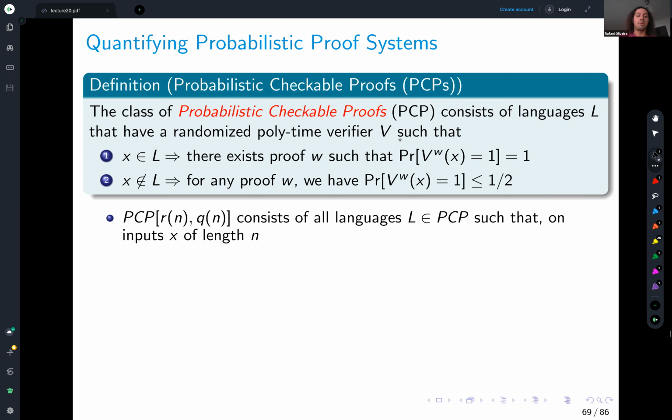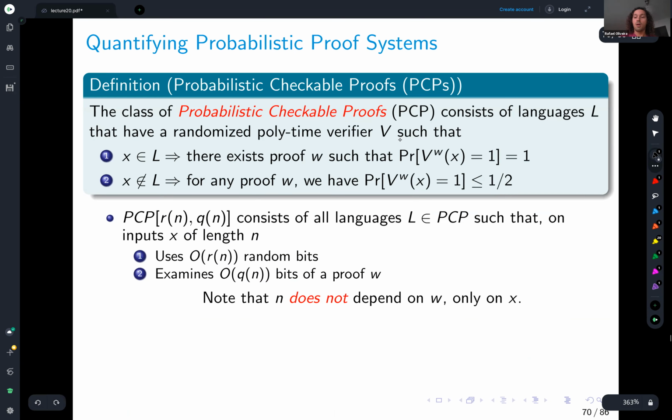The class PCP[R(n), Q(n)] consists of all the languages L which have a probabilistic checkable proof, such that on inputs x of length n, now we're going to see what those two parameters are for, these are constraints on the verifier. The verifier can only use big O of R(n) random bits.